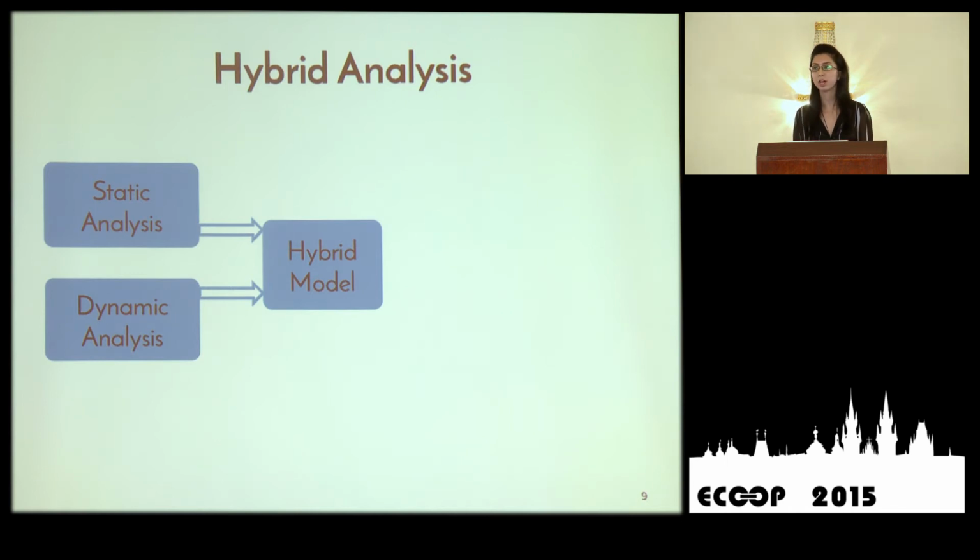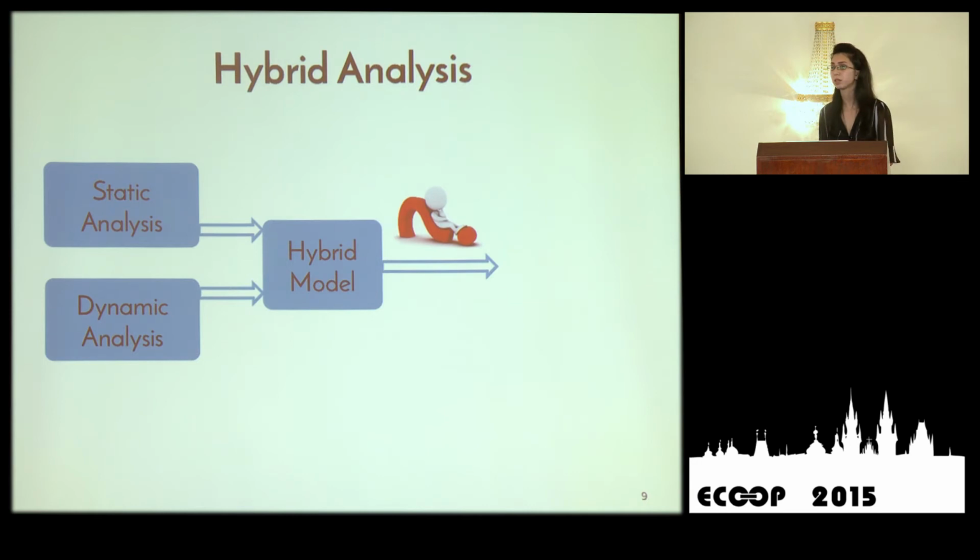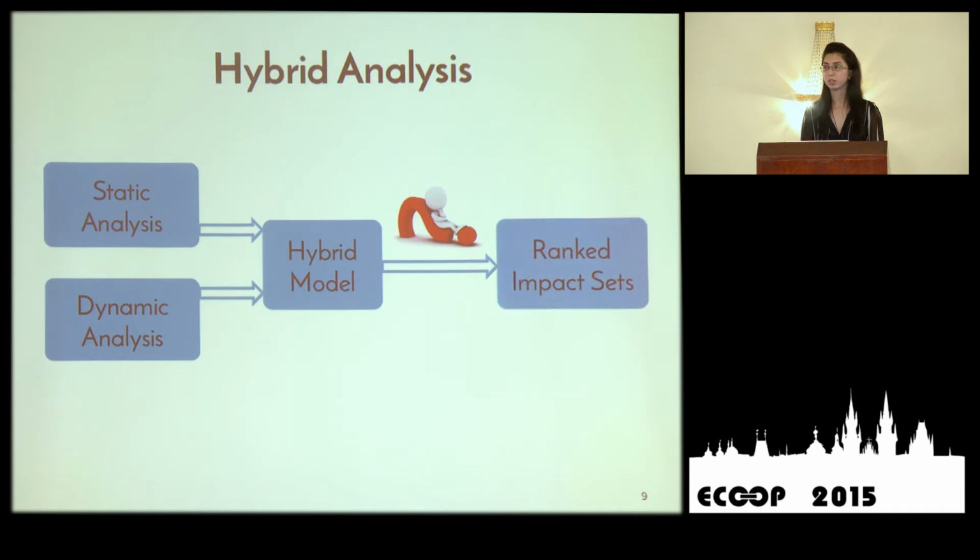So using this graph, the users can query the model and find out the impact sets of the change sets. So for each entity in the application, they can find the set of potentially impacted entities. We also proposed a ranking mechanism to sort the impact set because there could be multiple entities in the impact set and we wanted to give users an indication of what matters more.